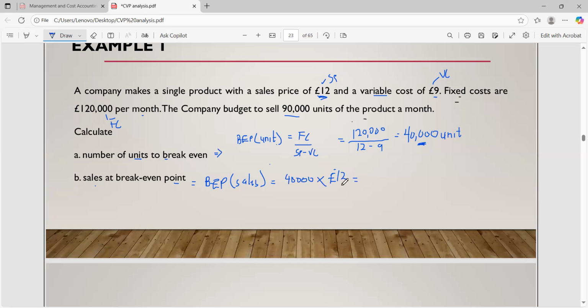So please multiply this, and I think it's going to give me, in terms of currency, 48 or 480,000. Someone confirm, please. 40,000 times 12. 480,000. Okay.